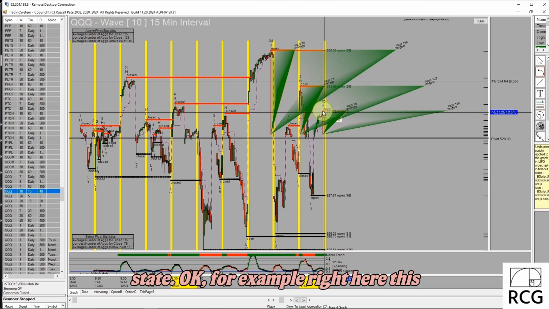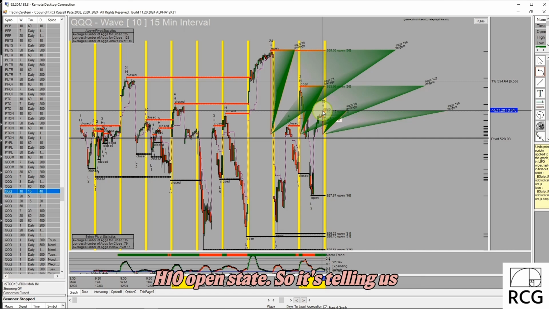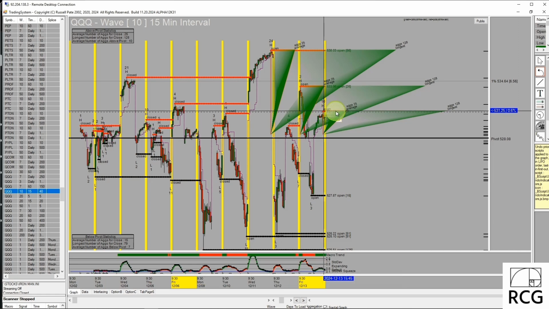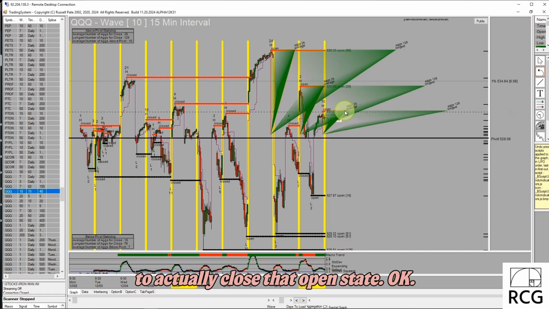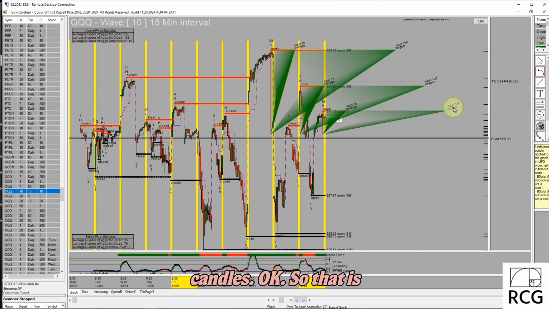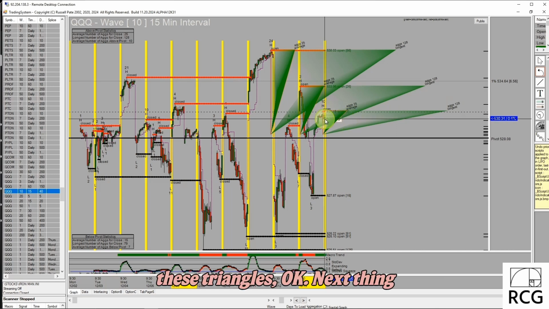For example, this H10 open state: on average it should take 25 15-minute candles to close that open state, and the longest time the price can take to close it is 128 aggregations, meaning 128 15-minute candles. That is what it is trying to tell us with these triangles.